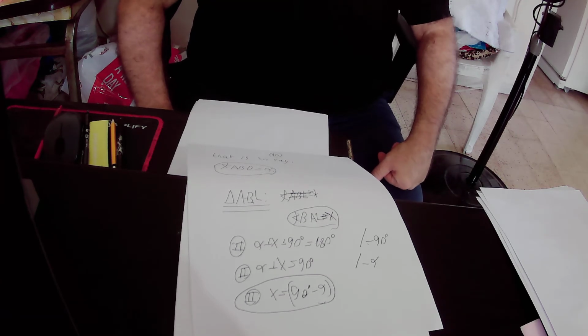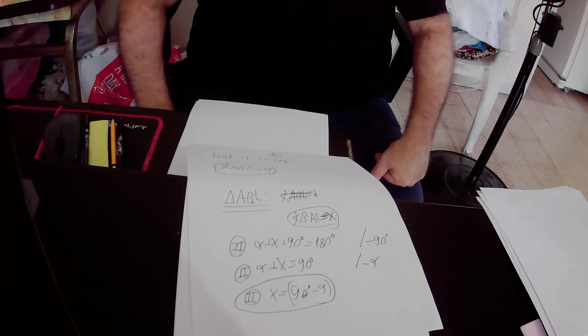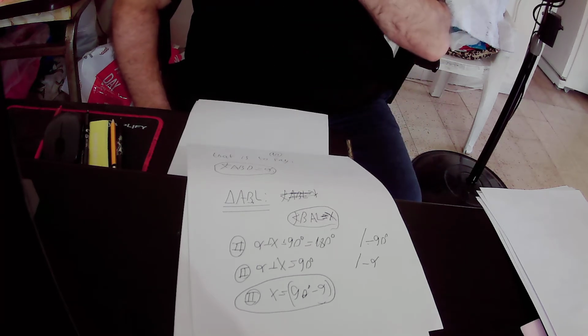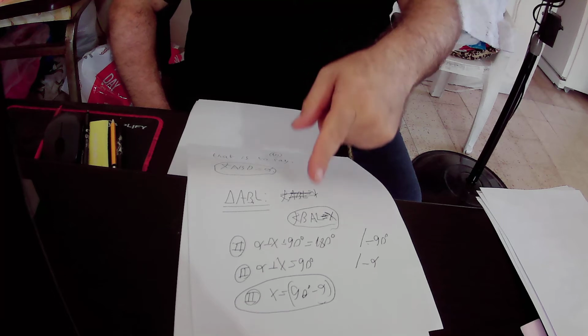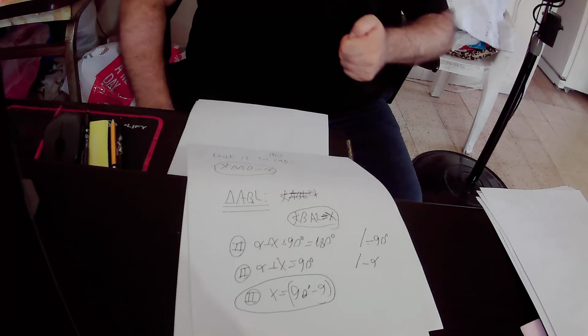Okay, so we get from equation number 2 that x equals 90 degrees minus alpha.